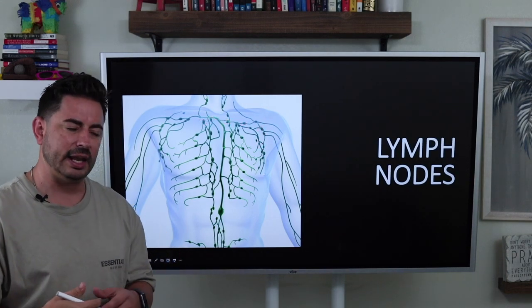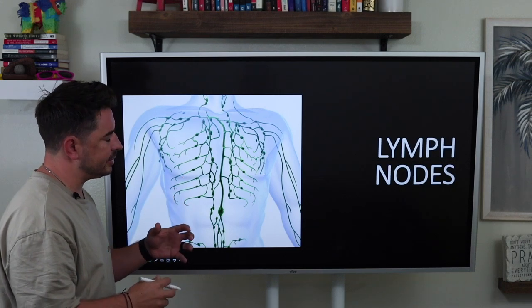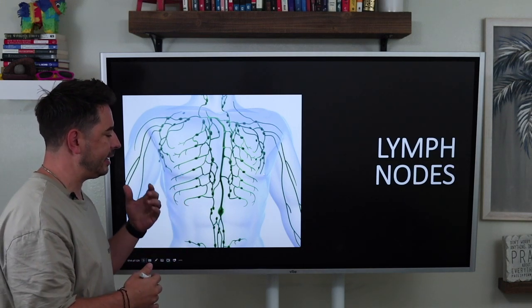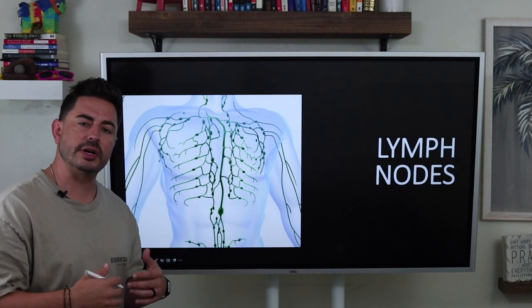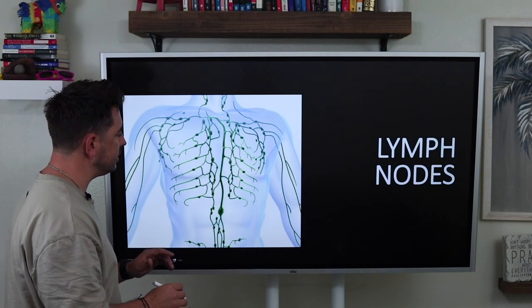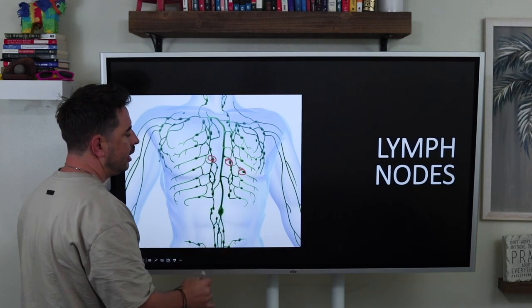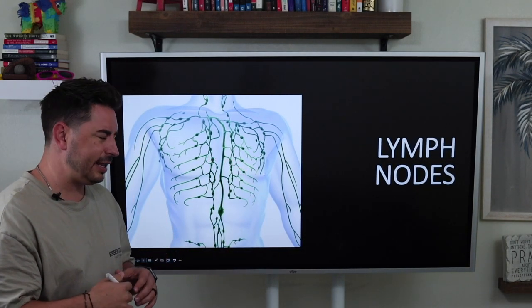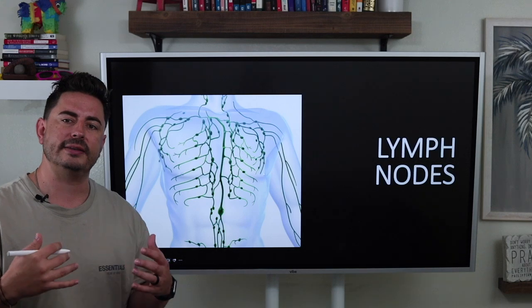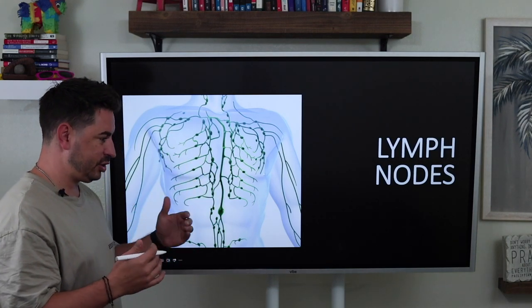When we look at lymph nodes themselves, there are thousands, if not millions, of these tiny nodal developments that are an organized collection of lymphatic tissue. They're designed to be filters to keep particulate and bacterial matter from entering the bloodstream. So this is part of that immune system, that filtration system that is looking at, is there a foreign body, a particulate or a bacteria that could harm the patient by entering the bloodstream.